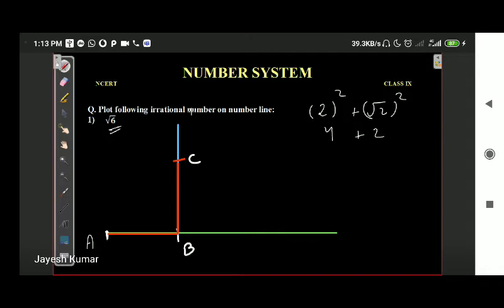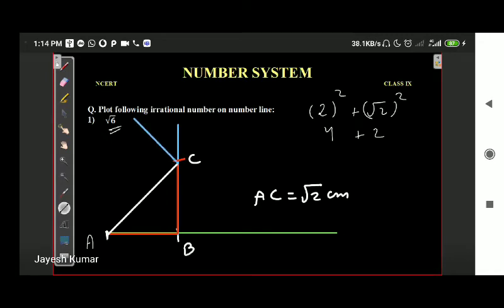Next we need to join A and C. This AC will be equal to under root 2 centimeter. After that, we need to draw another line that is perpendicular to AC.